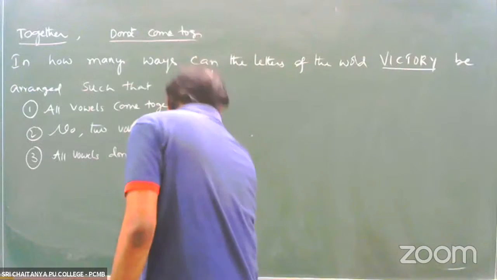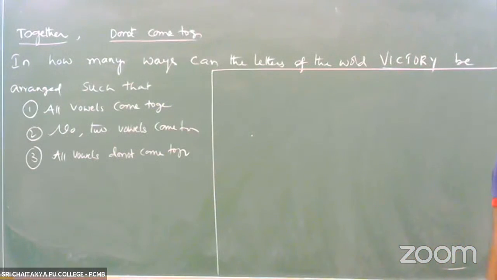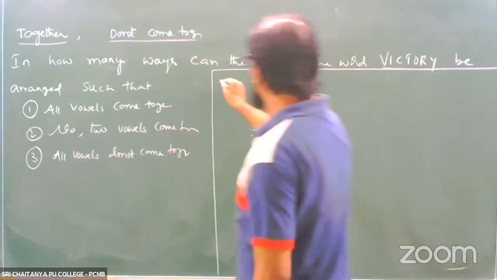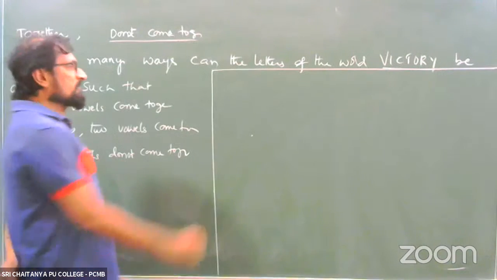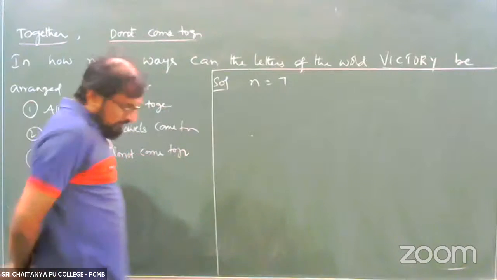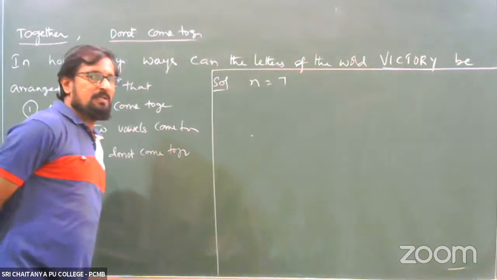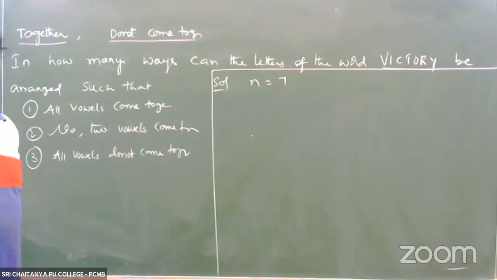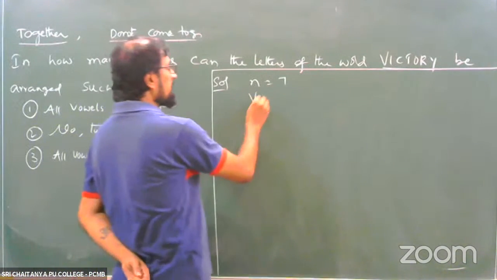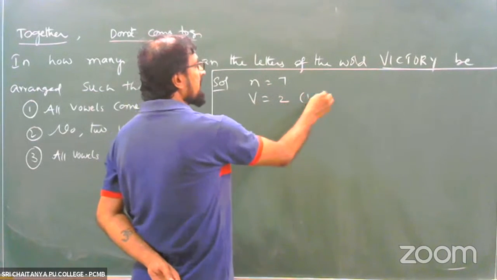Now, same victory. The given word victory consists of 7 letters. Therefore, n is equal to 7. Right? How many vowels are there? Vowels equals 2: I, comma, O.